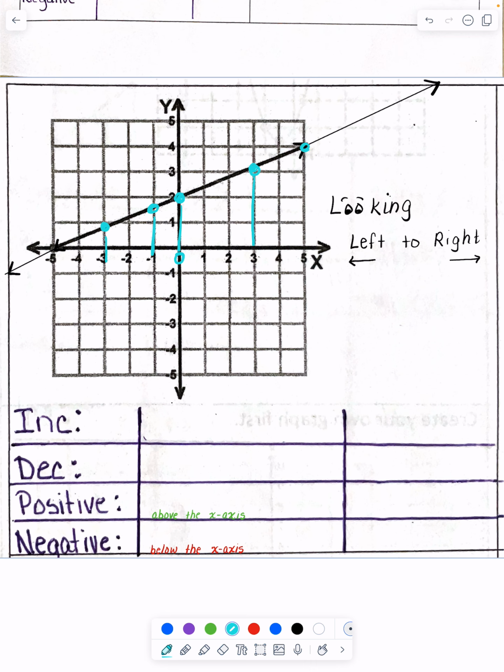The X value here would be +5. The graph doesn't stop there. It continues. What would the X value be here? What would the X value be here? How about here? So eventually this X value keeps getting bigger and bigger the further it goes to the right. So the X value all the way to the right is known as positive infinity.